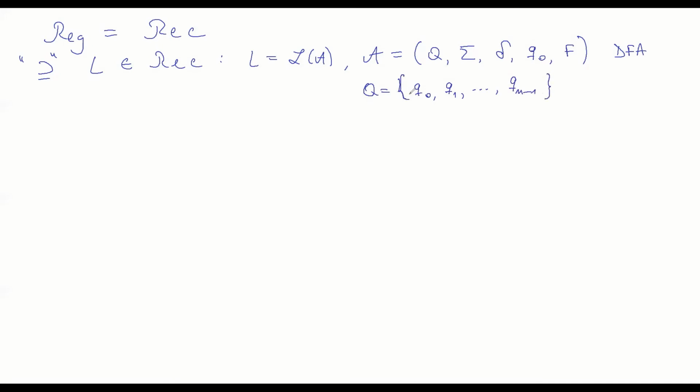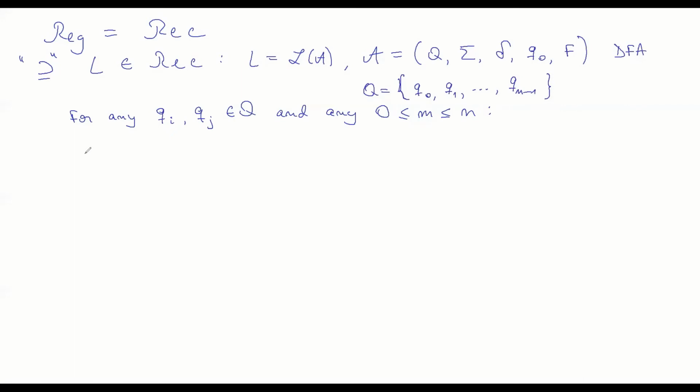And I would like to define the following language. For any two states Qi, Qj in Q, and any m between 0 and n, I'm going to define the language.